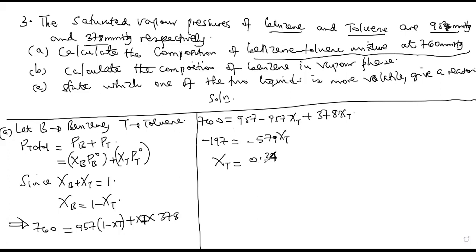Having gotten the mole fraction of toluene, we can also get the mole fraction of benzene, which is 1 minus 0.34, and it is going to be equal to 0.66. Now, that is it. That is the composition of benzene toluene mixture. So the composition of toluene is 0.34, while composition of benzene is 0.66. As simple as that.